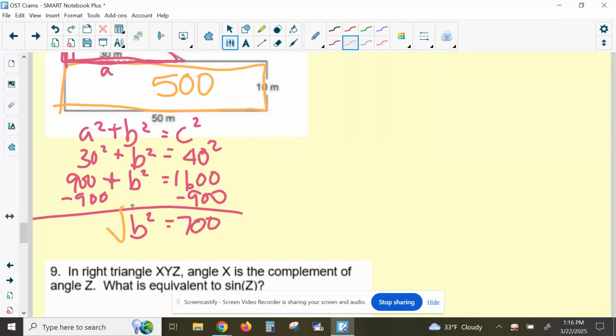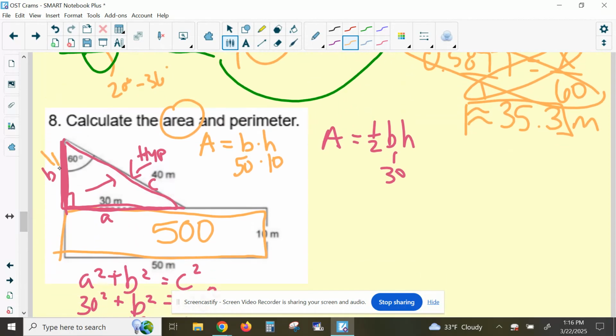I got to take the square root of both sides. What's the square root of 700? Put that in your calculator. So I get b is equal to about 26.46. Okay, I'm going to go back to my picture. So this side right here is 26.46. So that's my height, 26.46.